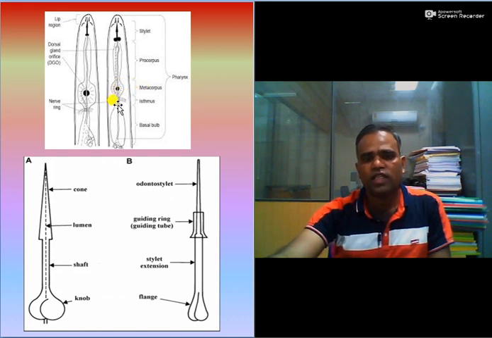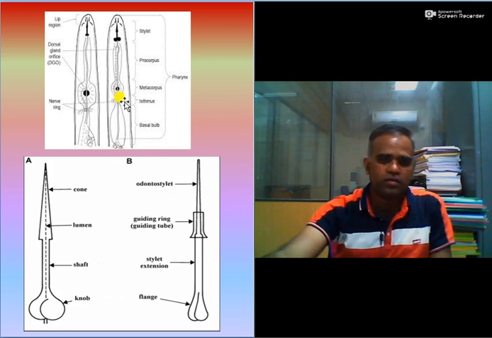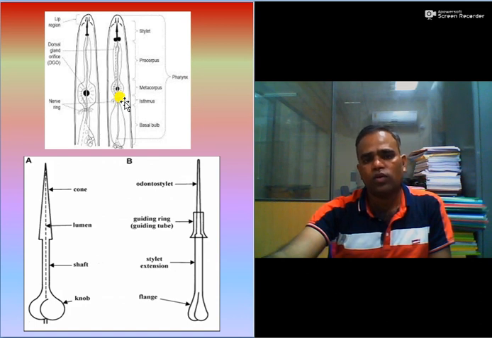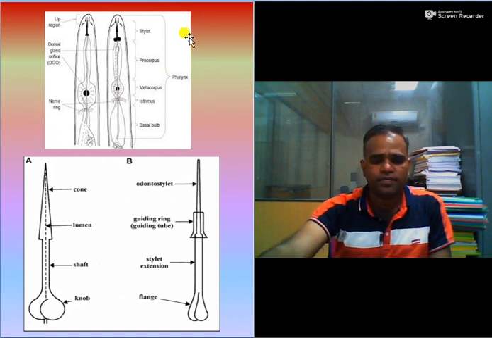Then it is followed by an organ, the isthmus, which is present between basal bulb and metacorpus, and where there is presence of nerve ring. So a number of glands are also present in esophagus. So this is all about the pharynx.